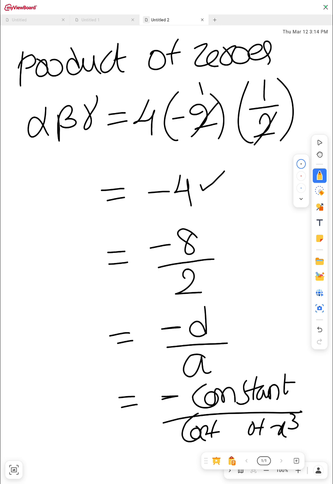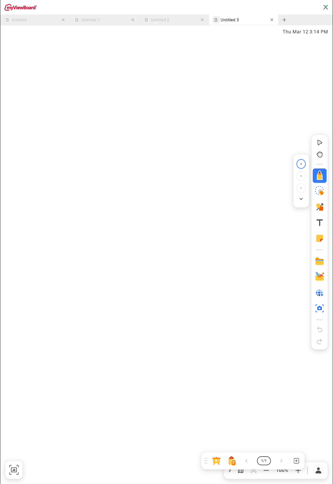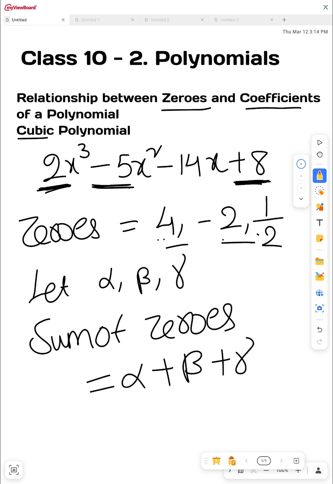And one more thing is there in a cubic polynomial, which is we need to add the zeros in such a way that 2 zeros come together, like alpha beta plus beta gamma plus gamma alpha. We will see this relation as well. Let's say here it is 4, minus 2 and 1 by 2.